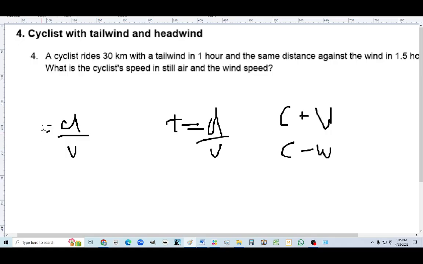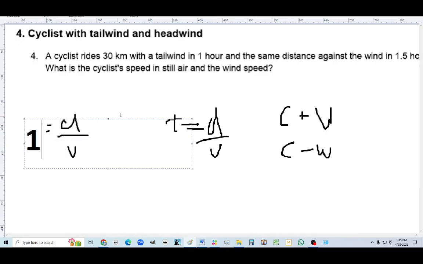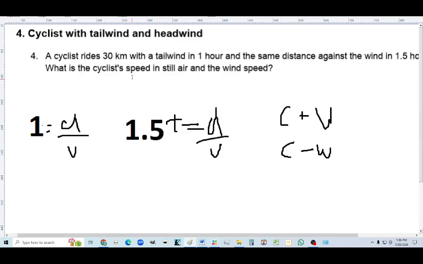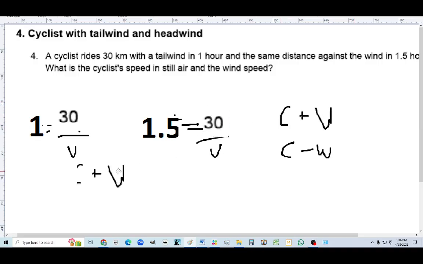So our time with the wind is 1, and against the wind is 1.5. And we know our distance is always going to be the same, 30. The shorter time gets C plus W, and again, treat it like a bracket. And the longer time will always get C minus W, it's the speed. And again, treat it like a bracket.